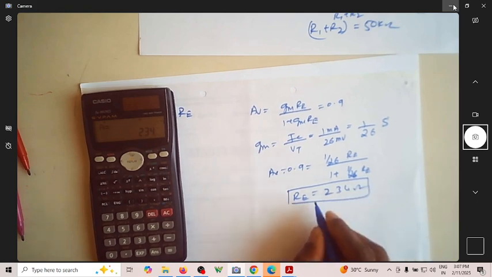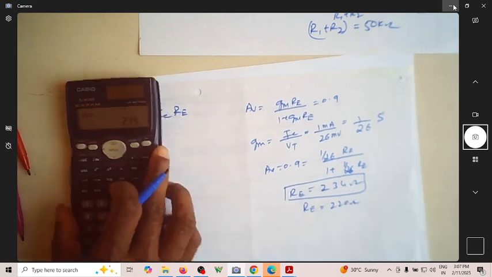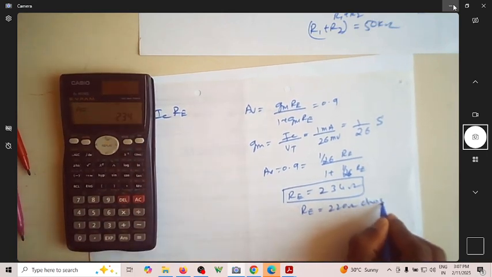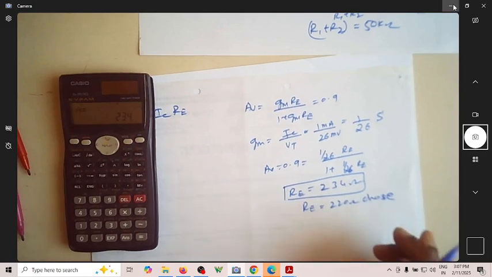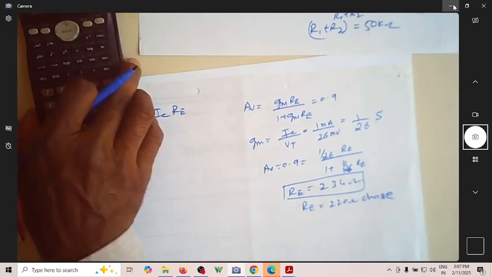This is the value of resistance. So let us choose a standard value of RE, which is 220 ohm.